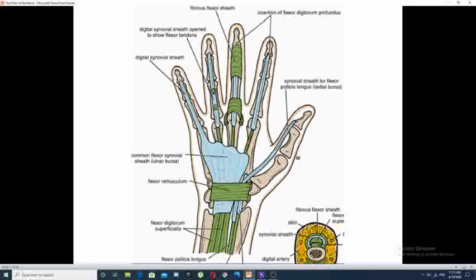Its main function is to secrete synovial fluid to lubricate these tendons during their actions. And you can see it is formed of two parts, a medial part which is called the ulnar bursa, whereas a lateral part for the flexor pollicis longus muscle tendon is referred to as the radial bursa.